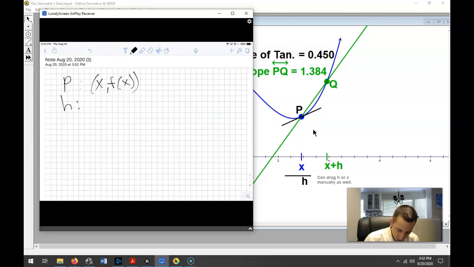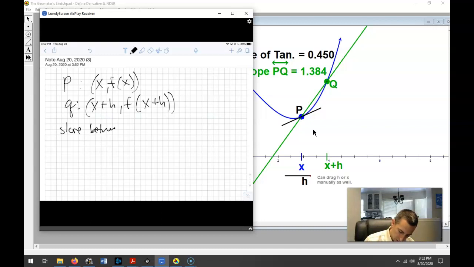And point Q, if we've moved over h units, is x plus h, and then the height of that is f of x plus h. If you wanted to find the slope between P and Q, thinking back to y minus y over x minus x, that's how we find slopes.